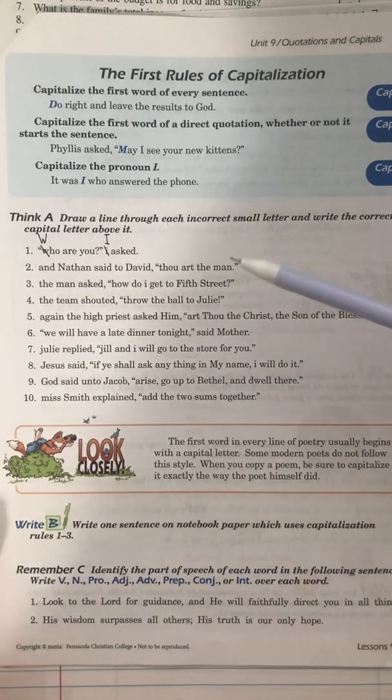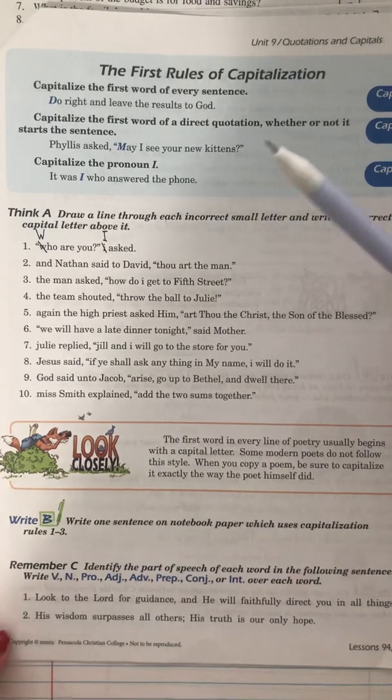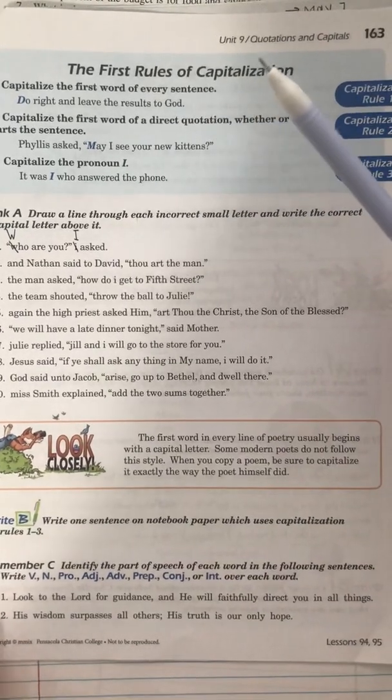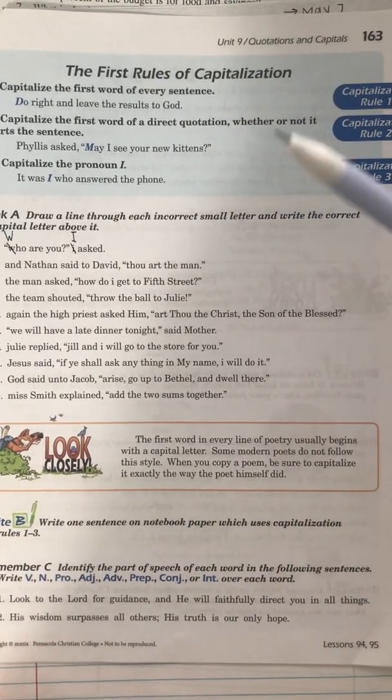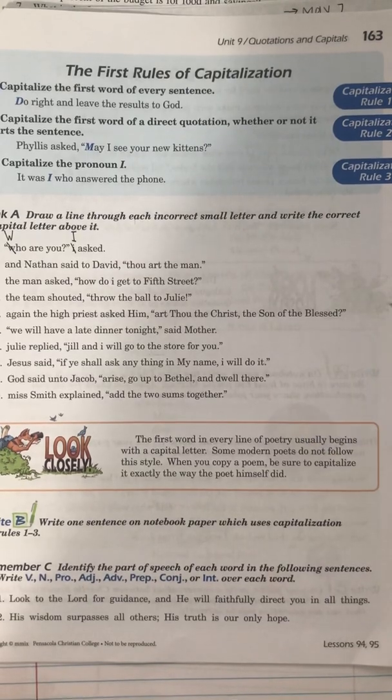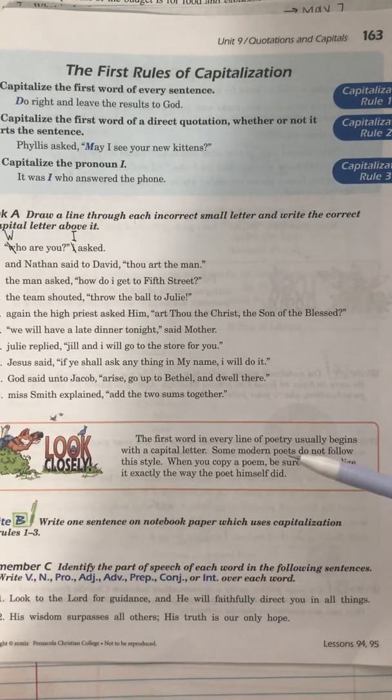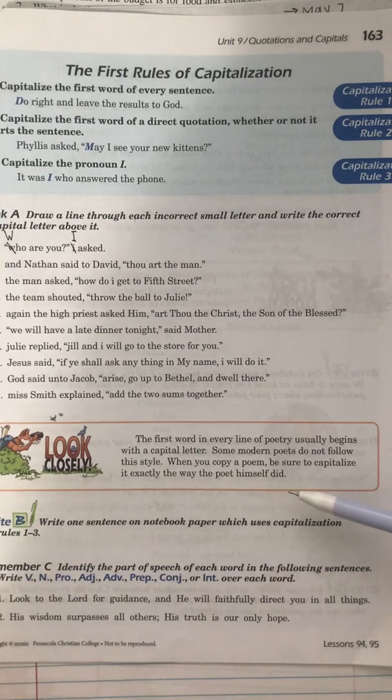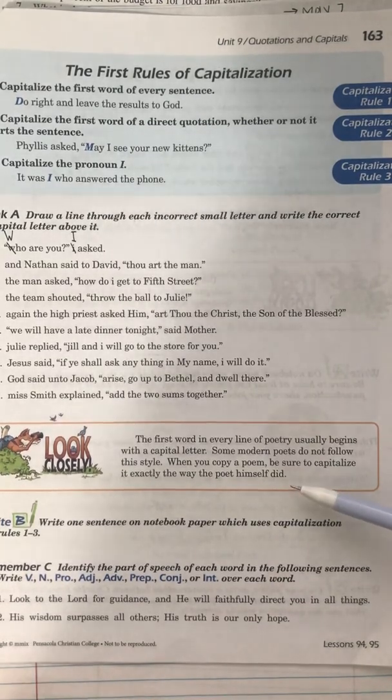So then here for Look Closely, I love Look Closely because it always gives very good tips. It says the first word in every line of poetry usually begins with a capital letter. Some modern poets do not follow this style. When you copy a poem, be sure to capitalize it exactly the way the poet himself or herself did.